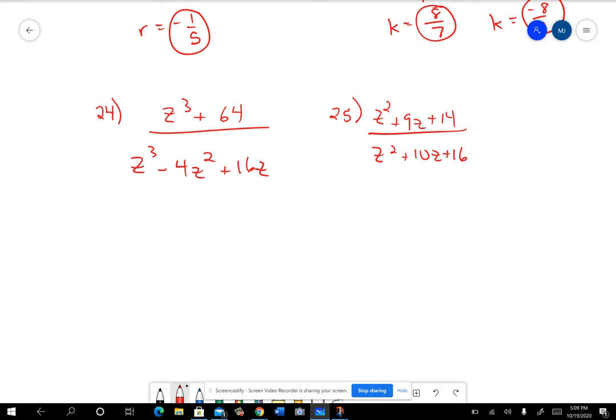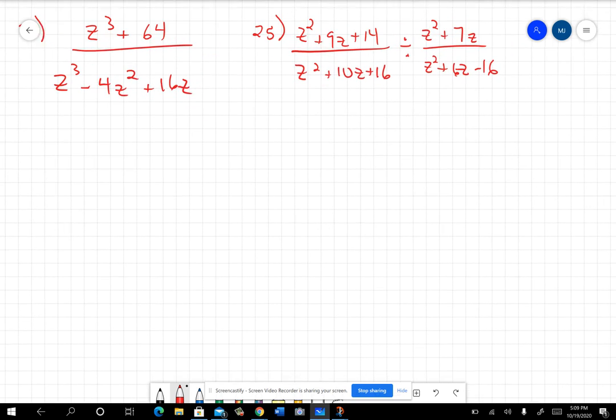And this one is a division. Got to make sure I copy all the signs correctly. All right, so we'll look at those two, and then that'll be all that I put in this video.